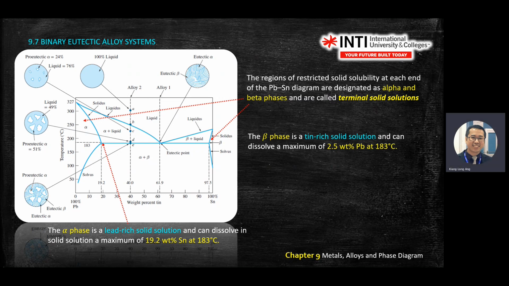So here to here is a tin-rich solid solution and can dissolve a maximum of 2.5% of Pb at that particular temperature. In this case, it's 183 degrees. So the percentage of these two elements is called the solubility, the maximum solubility.